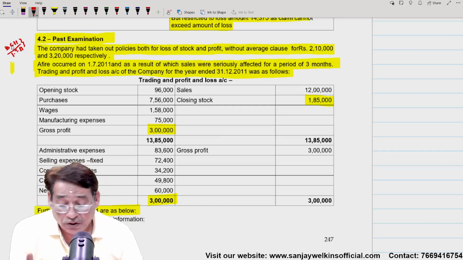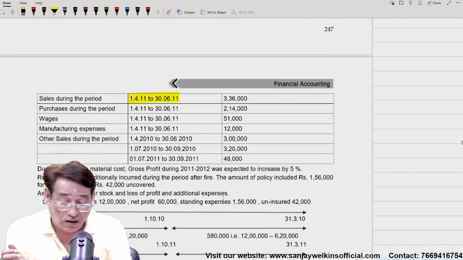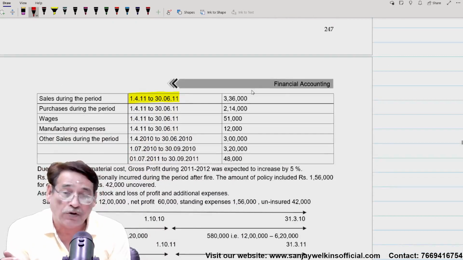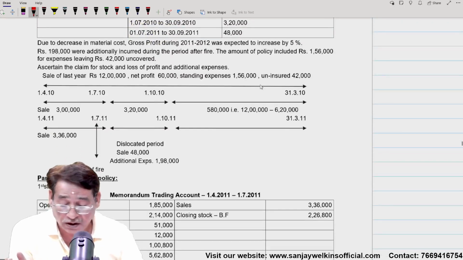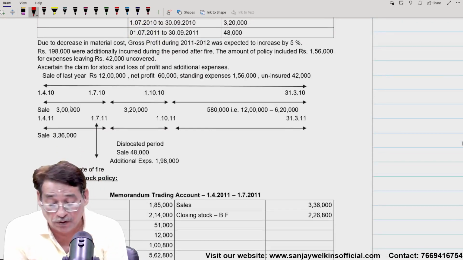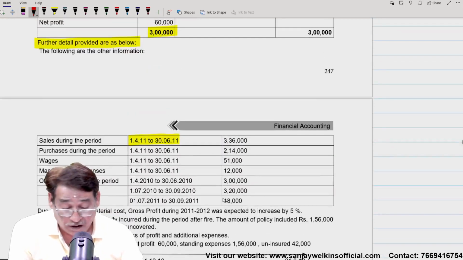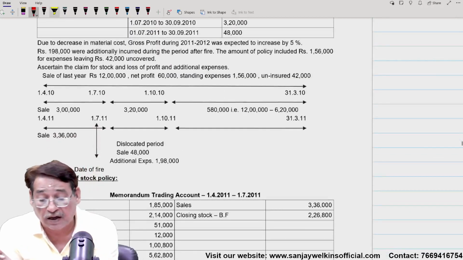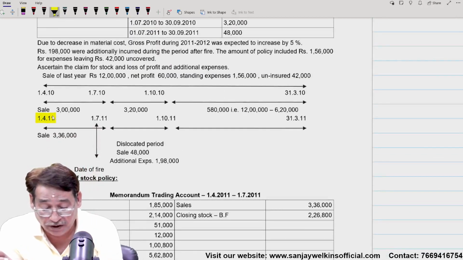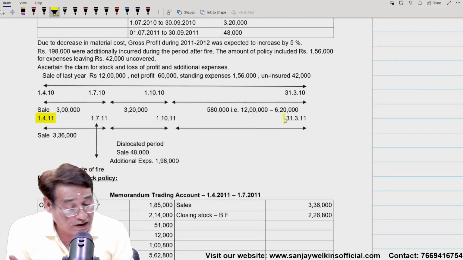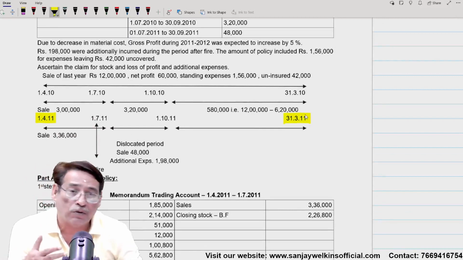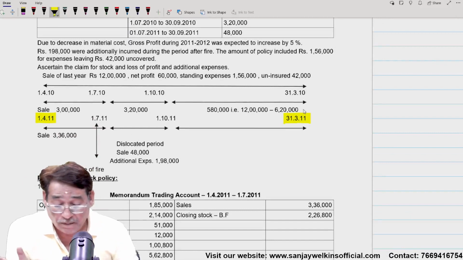Correct? So sales during the period is given to you 3,36,000, and I have constructed a diagram below for you for better understanding. Your current year is starting on 1/4/2011, correct? Obviously, it will end on 31st of 3/2011.